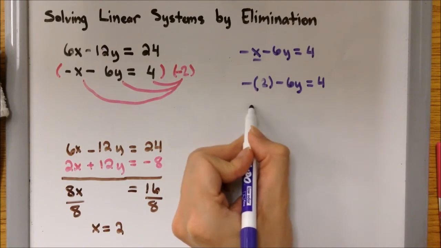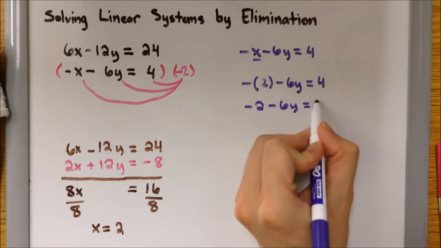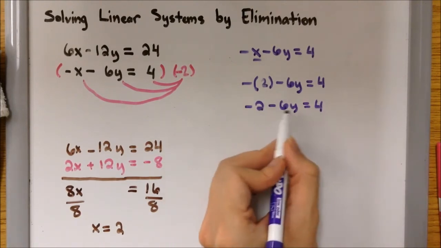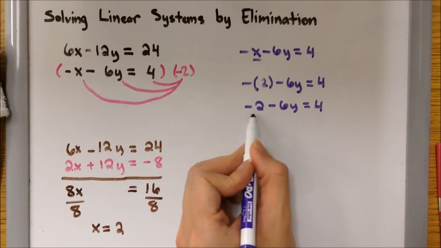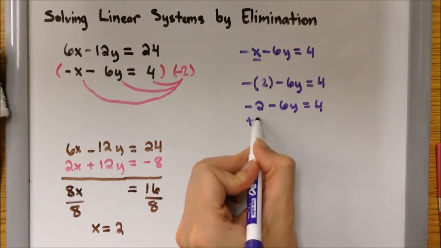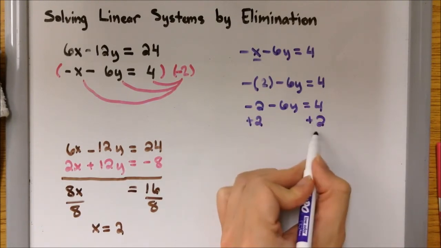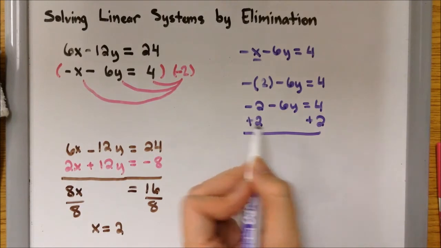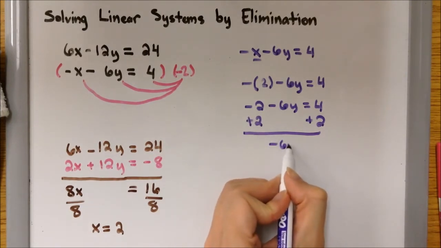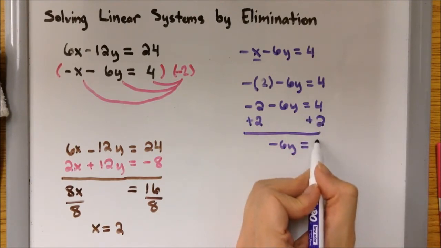Distribute the negative, that becomes negative 2 minus 6y equal to 4. If I want to get the negative 6y by itself, I have to cancel out the negative 2. The opposite will be plus 2 on the left side, so therefore plus 2 on the right side. So the 2's cancel out. I'm going to have negative 6y on the left side. 4 plus 2 would be 6.